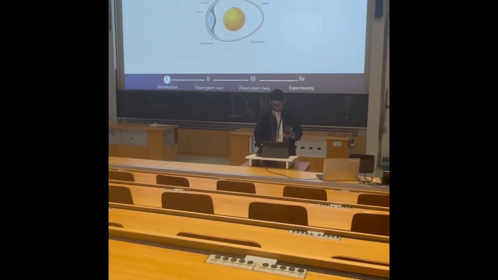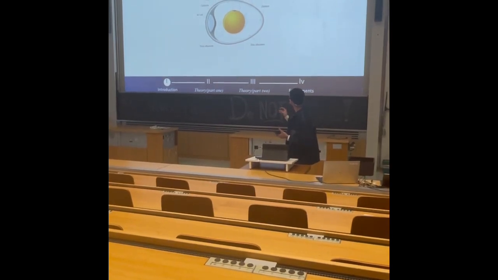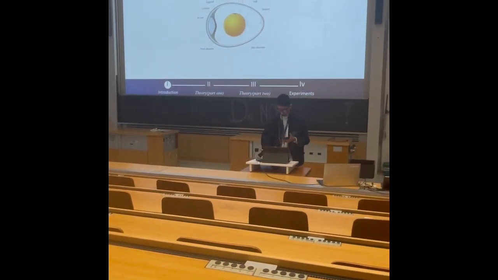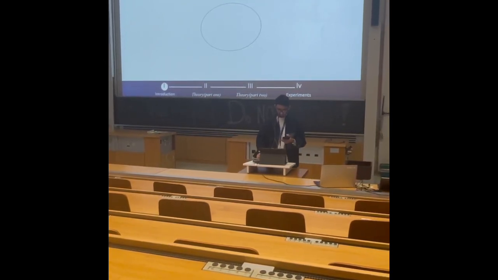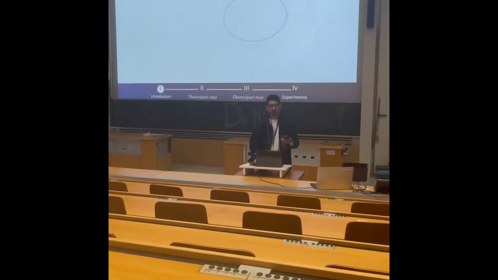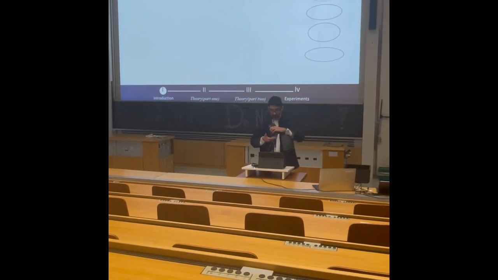Inside of the egg, we have a yolk and a white part, albumen. Talking about the eggshell, different eggs may have a different eggshell, and as you can see, maybe in this way and in this way.